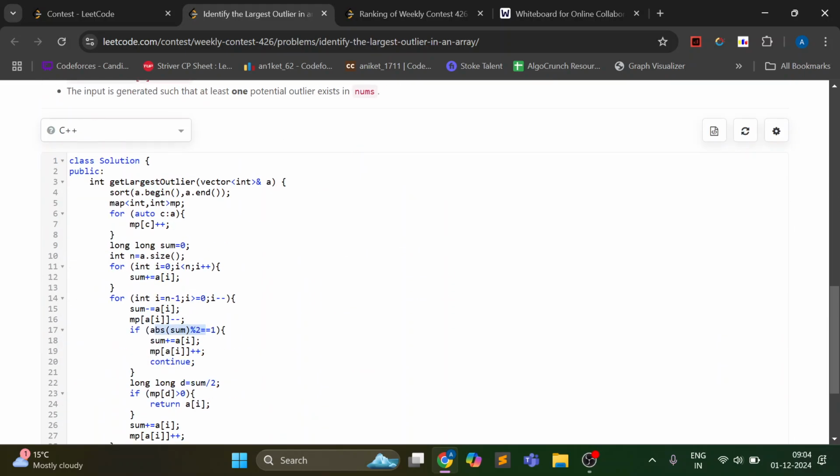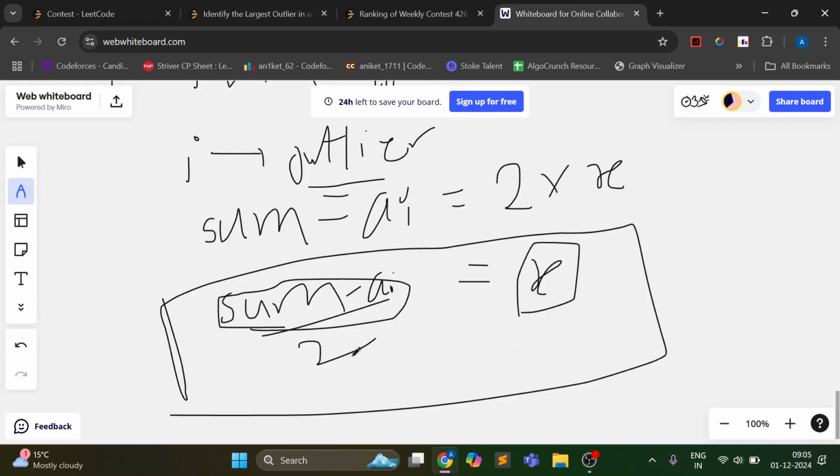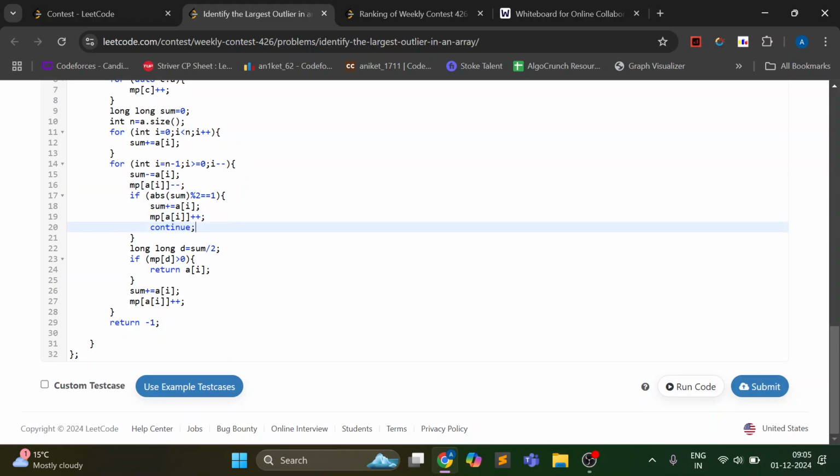This condition would not be satisfied. So in that case, I'm just re-adding my outlier for further use. When I go to the next index, my sum should point to the total sum of the array, not the current sum. Also, I'm incrementing the occurrence again, and I will just continue.